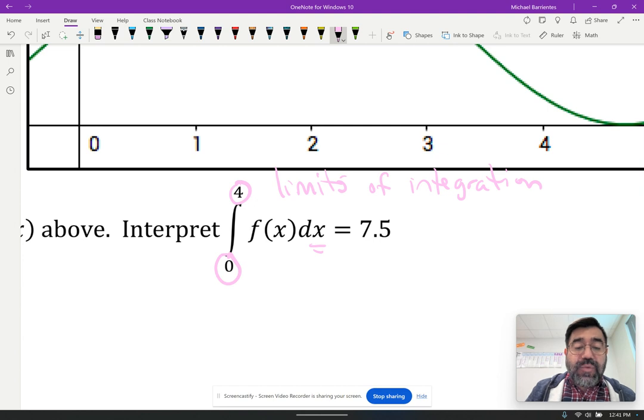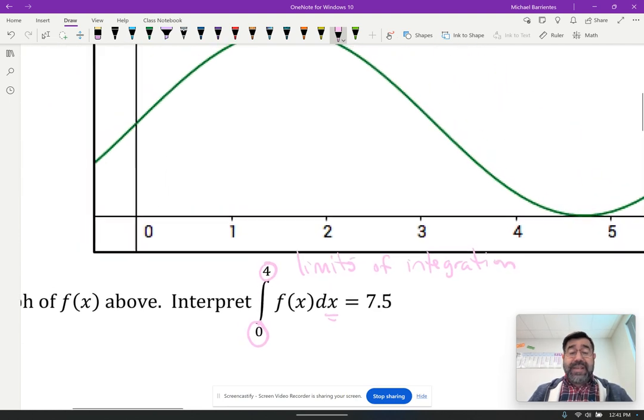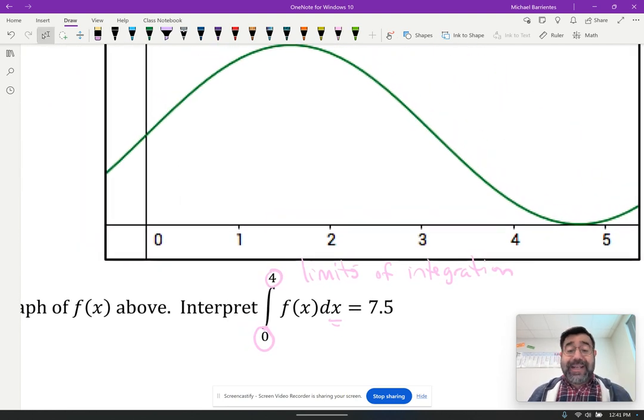We might see a dy, then the limits of integration would be y values, and we'd be looking for the area that's trapped between the curve and the y-axis. The fact that this is a function in terms of x, and I see the dx, means that these numbers in pink are x values. So this is telling me that starting at 0 and ending at 4, the definite integral of the function f of x is 7.5.